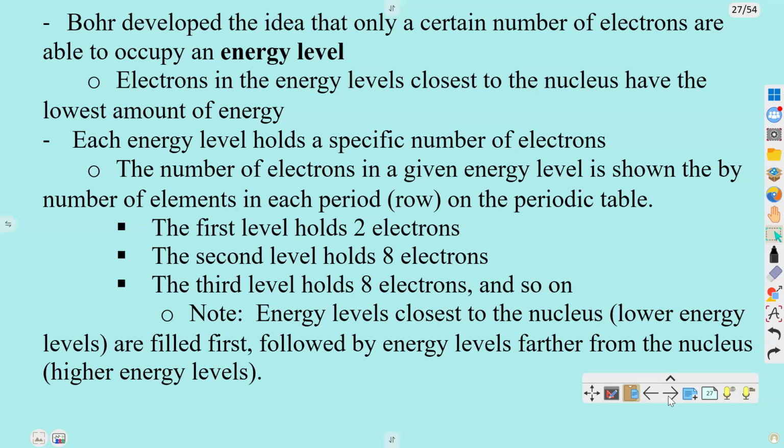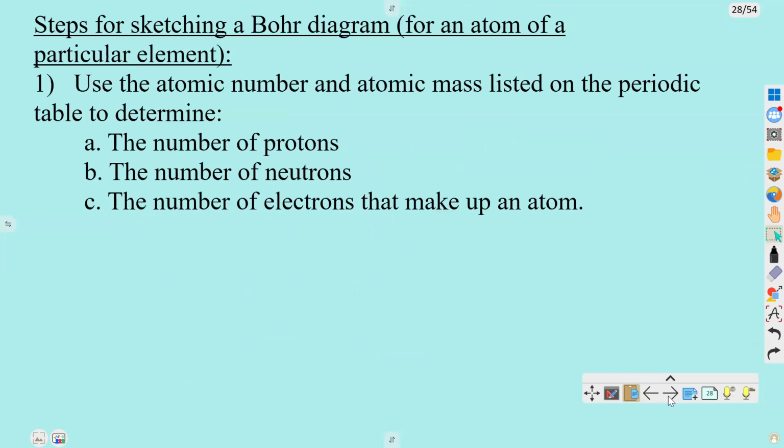Well, it just so happens we have 8 electrons in that second level, 8 electrons in the third level, 18 in the fourth, and so on and so on. So what we do is we fill up the energy levels that are closest to the nucleus first, and then we work our way out. So let's talk about how we would do this.